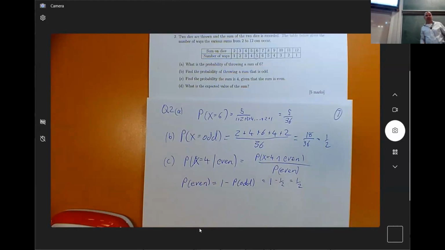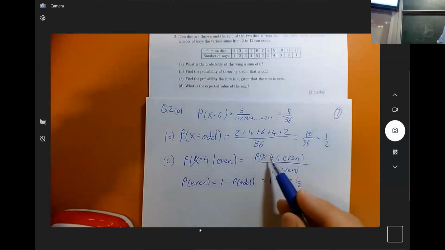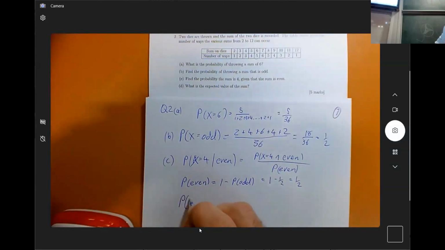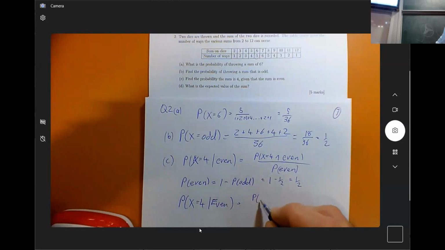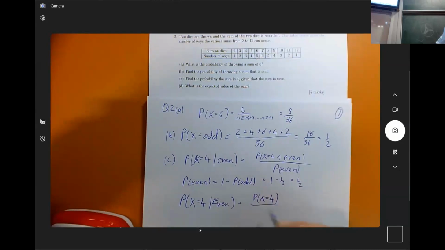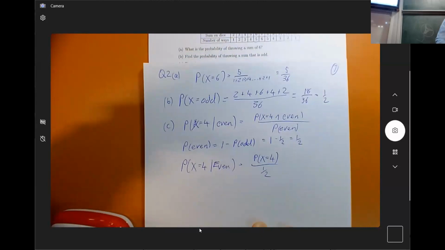Now the probability of being even and 4: the event that the sum is 4 is contained within the event that the sum is even. And so it's the same as the probability of being 4. So my probability of x equals 4 given even is equal to the probability of x equals 4.